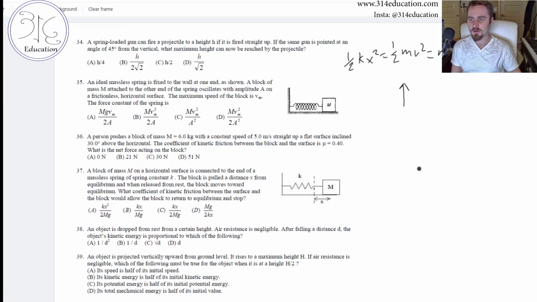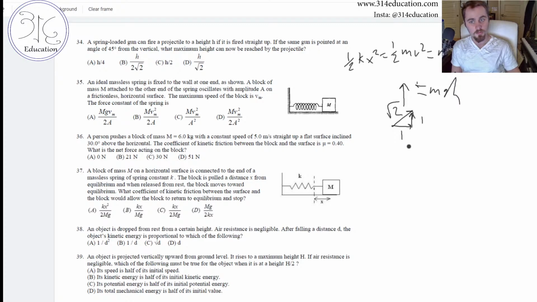Instead of having all of our velocity vector go upwards, is that blocking? Oh, I'm blocking this. So this is equal to mgh at the top. But instead of having all of our velocity go upwards, now there's only an upwards component. We can relate these, for a 45-degree angle, as 1 over square root of 2.